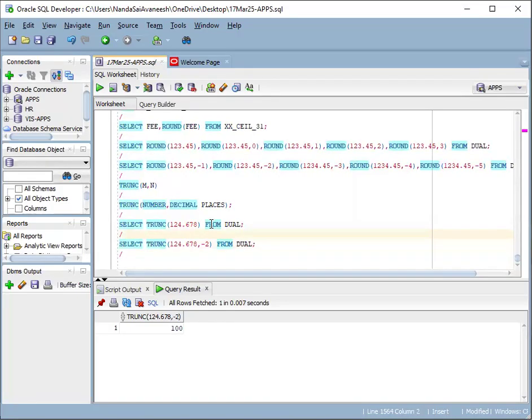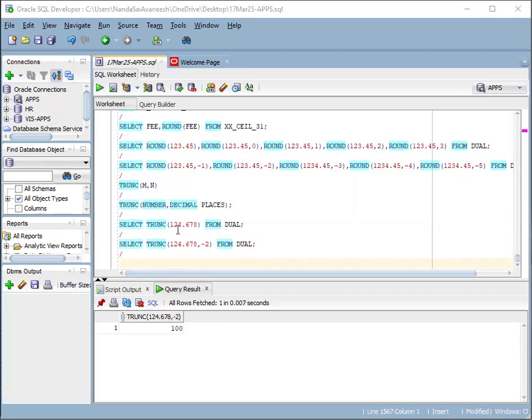Same as in ROUND, when you mention a negative value of n, the precision value changes to 0. So it won't verify the condition, and if you use a negative value in n, it changes the precision value.